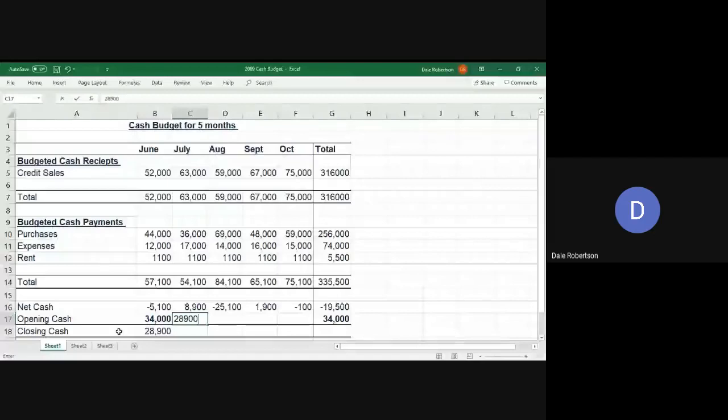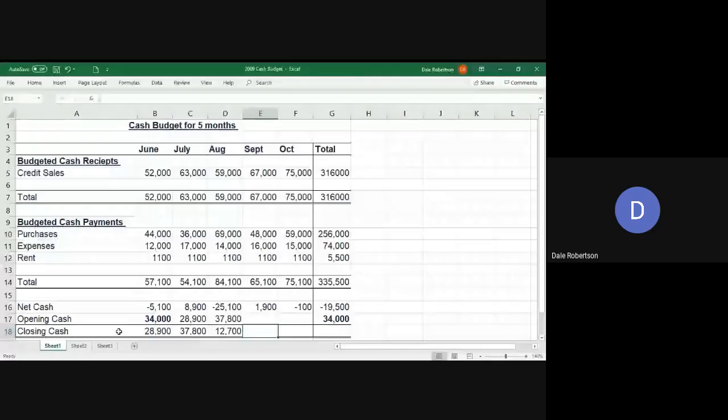Now this time you have plus 37,800, and you're adding on minus 25,100. So therefore that is 12,700. And that 12,700 up here. And then you're going to add that on to the 1,900 to get 14,600.